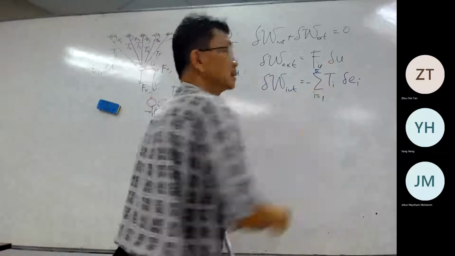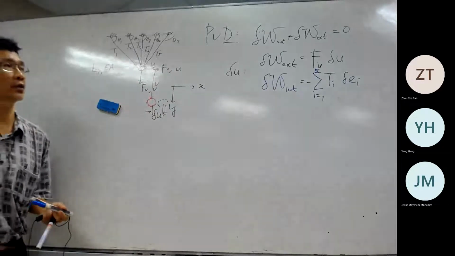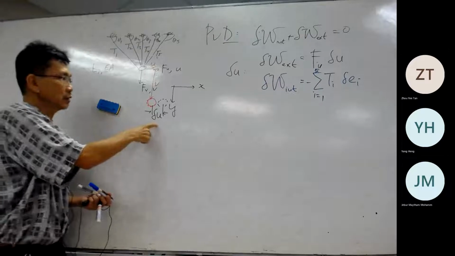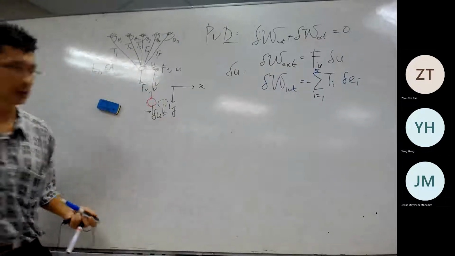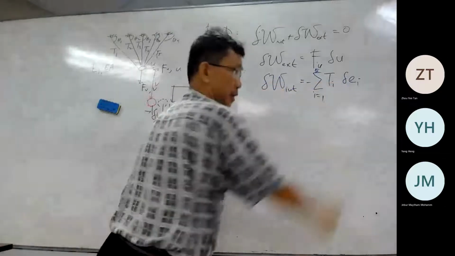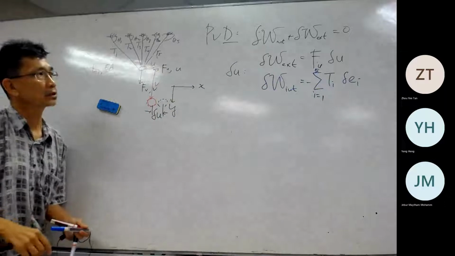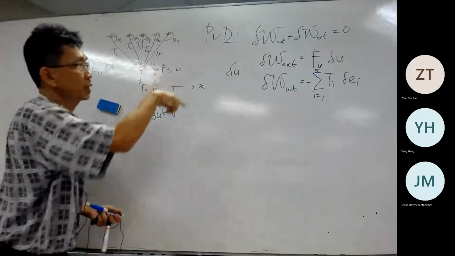So this is the work done by the internal force. The internal force is the member forces. Because of this delta u, each of the members will further elongate by these virtual elongations.